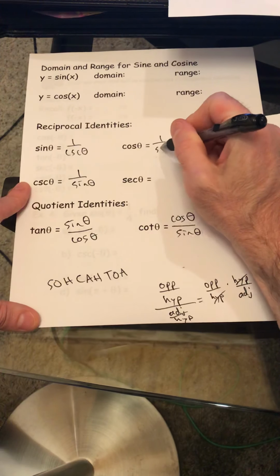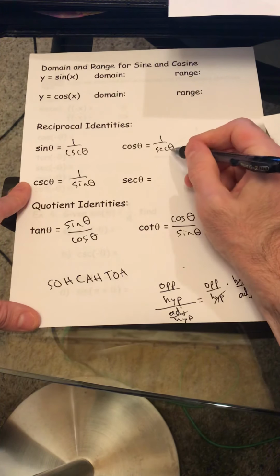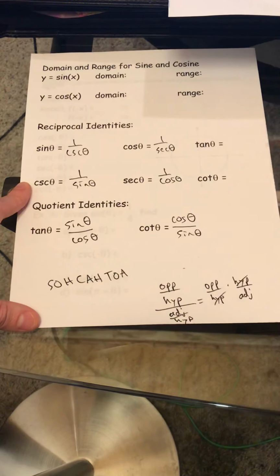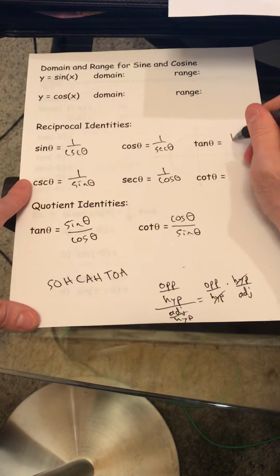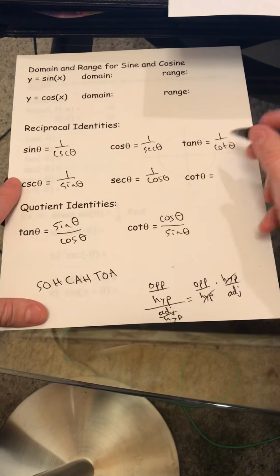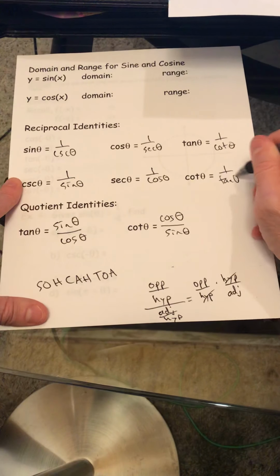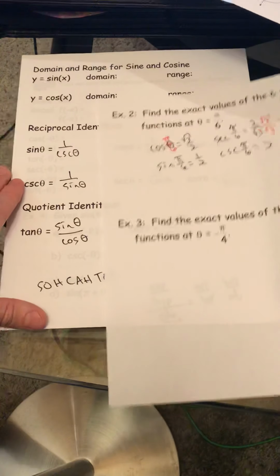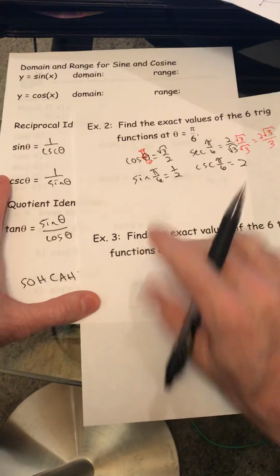Cosine is the reciprocal of secant. Secant is the reciprocal of cosine. Tangent is the reciprocal of cotangent. Cotangent is the reciprocal of tangent. So now coming back to fill in these last two.